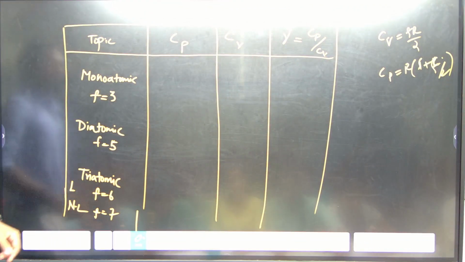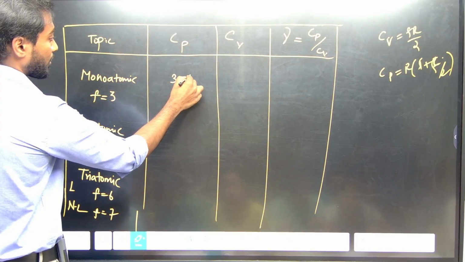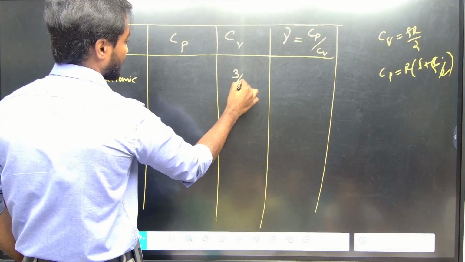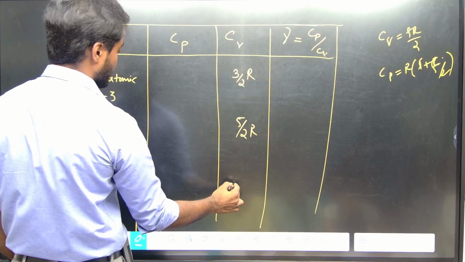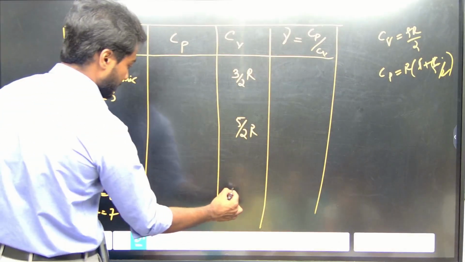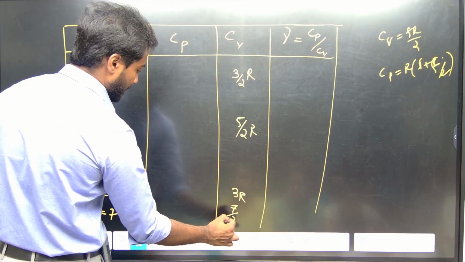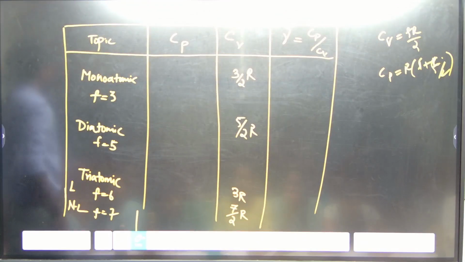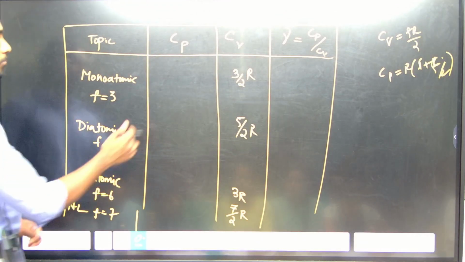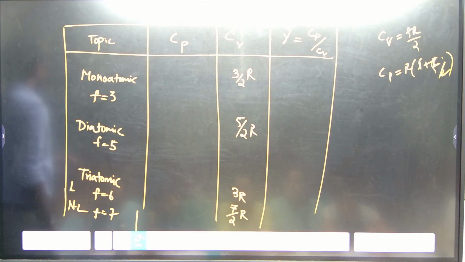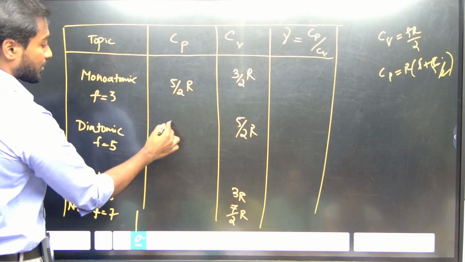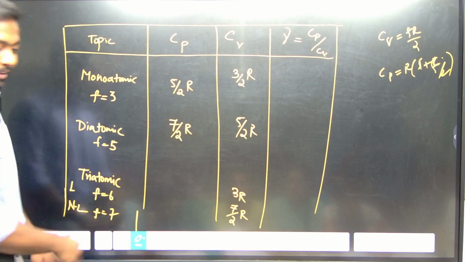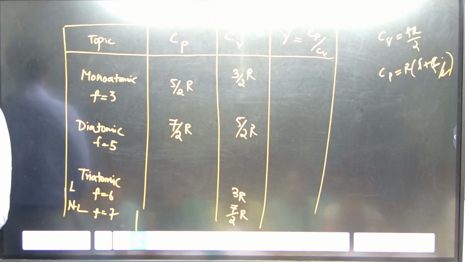Cv is 3 by 2 R, this is 5 by 2 R, this is 3R and this is 7 by 2 R. What about Cp? 5 by 2 R and this is 7 by 2 R. Calculate, fast.